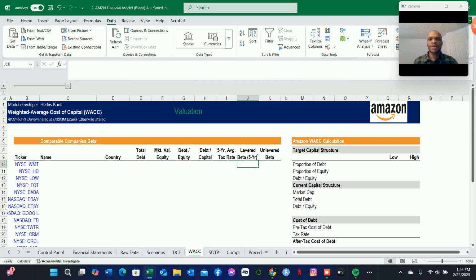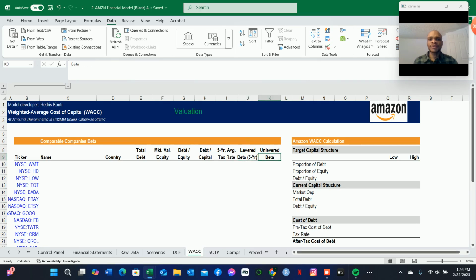And then for the levered beta, since these companies are public companies, we can easily extract the 5-year levered beta. However, even if they are not publicly traded, we could also have this levered beta, and it's going to be very easy for us to compute the unlevered beta. We are just reverse engineering the levered beta formula here.